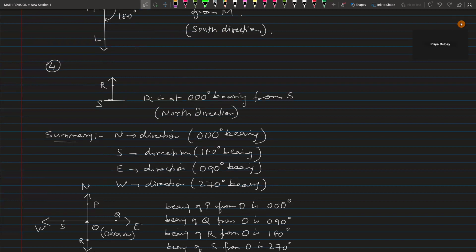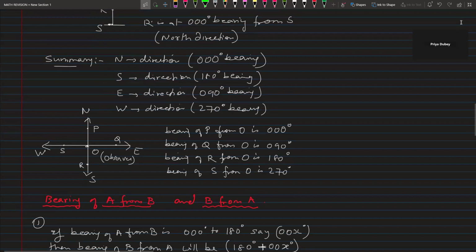Right? Now see, I have tried to show you in this diagram also. East, west, north and south directions I have drawn over here. The origin of these two axes, they are meeting at O. So suppose O is the observer. Okay, O is the observer. So bearing of P from O. Suppose that point P is in the north direction from O. So P is exactly in the north of that observer O. So the bearing of P will be 0.